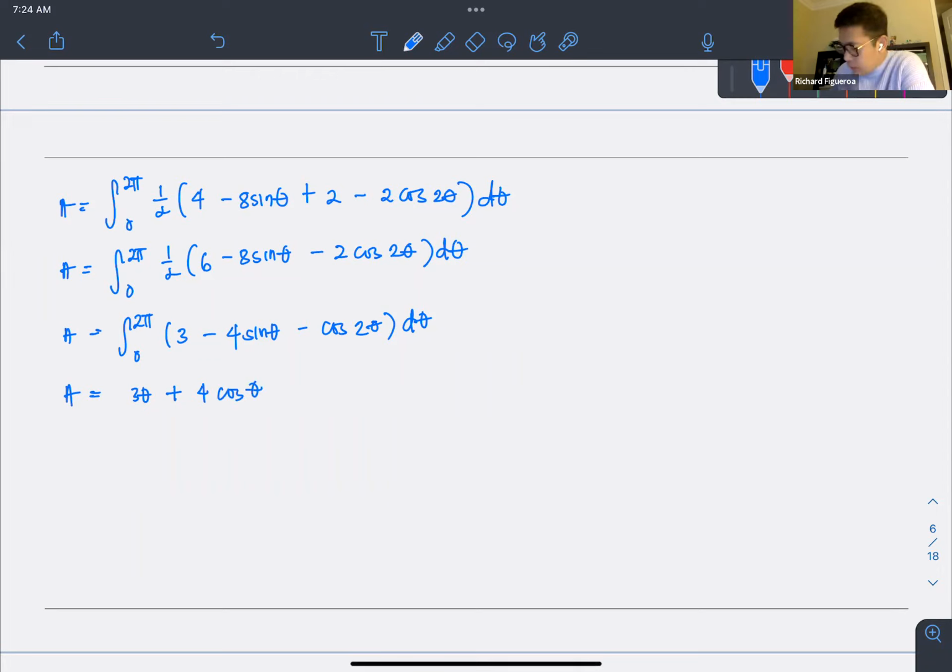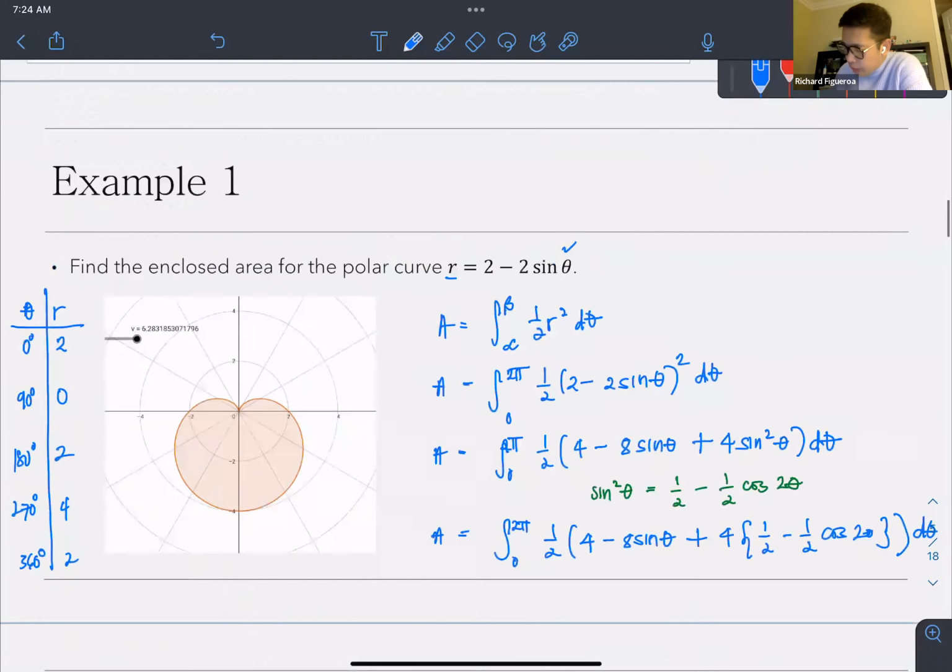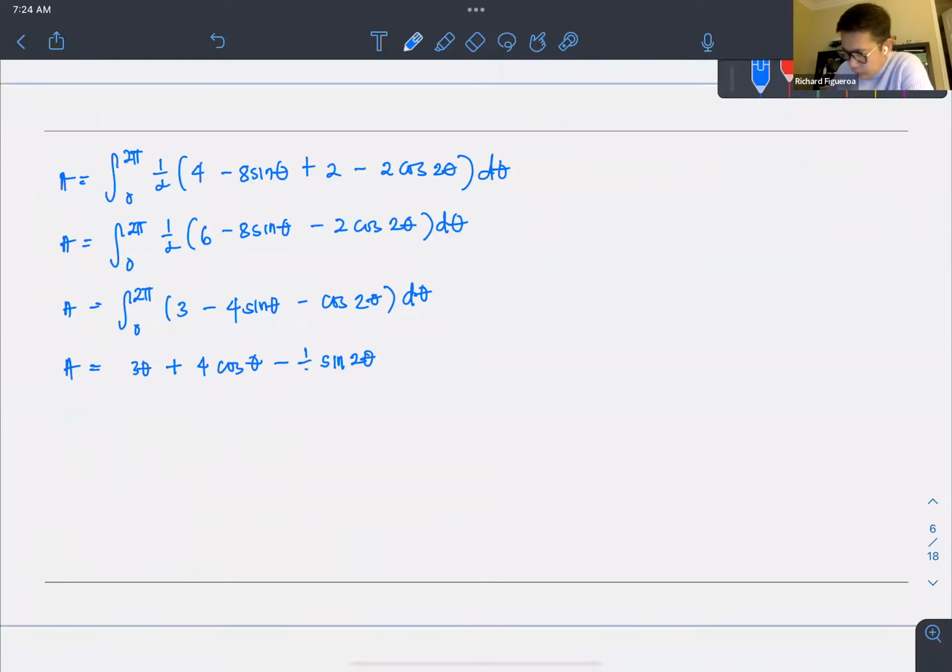And then negative cosine 2 theta, the integral would be sine 2 theta, but since we have 2 theta, the neutralizing factor will be 1/2. So that makes it 1/2 sine 2 theta. Then we evaluate this from 0 to 2 pi.